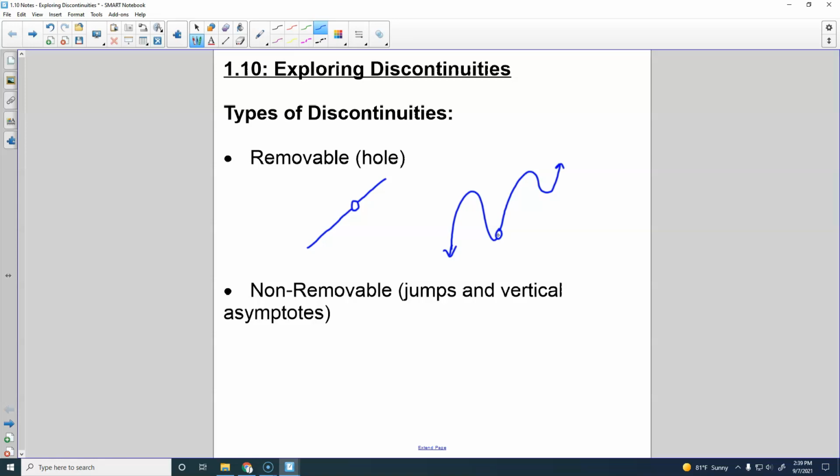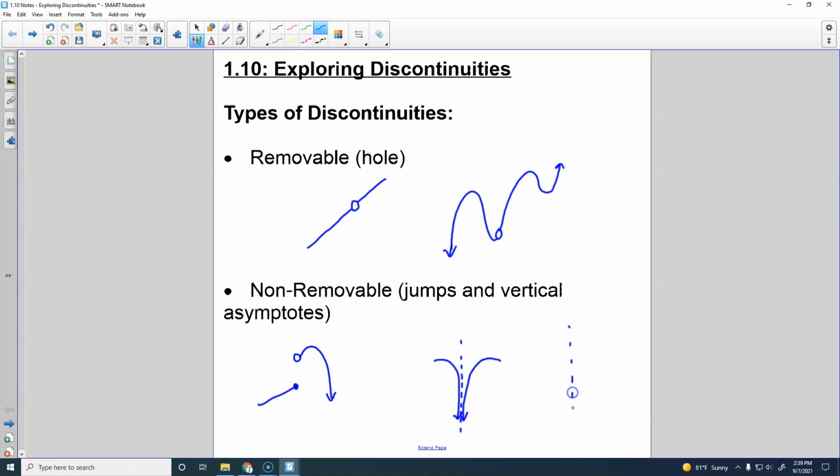Non-removable discontinuities come in the form of jumps and vertical asymptotes. So if you have a jump, it may look something like this in the graph, or if you have a vertical asymptote, it may look something like this, where you've got that vertical asymptote.